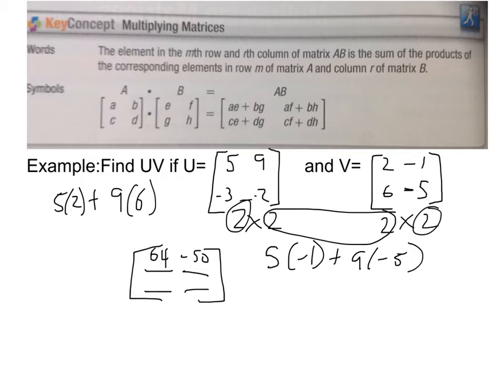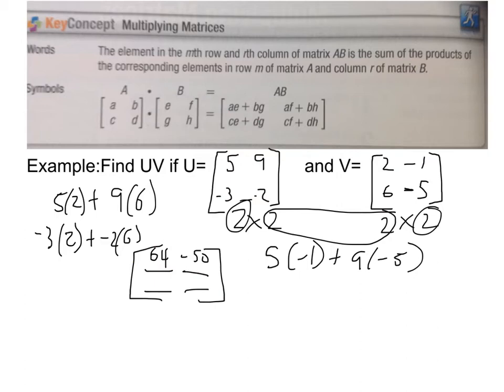Moving on, I'm looking at this spot now. That's the second row, first column. So I take my second row of the first matrix, multiply by the first column of the second matrix. That's negative 3 times 2 plus negative 2 times 6. Negative 3 times 2 is negative 6.